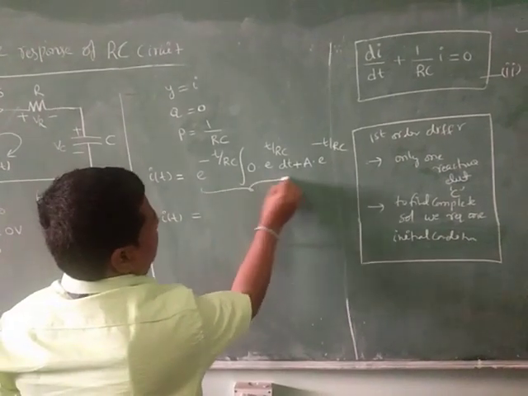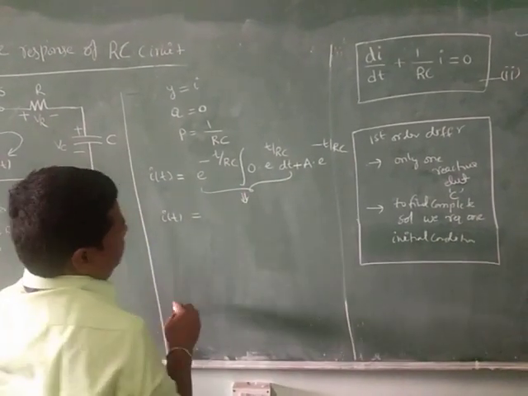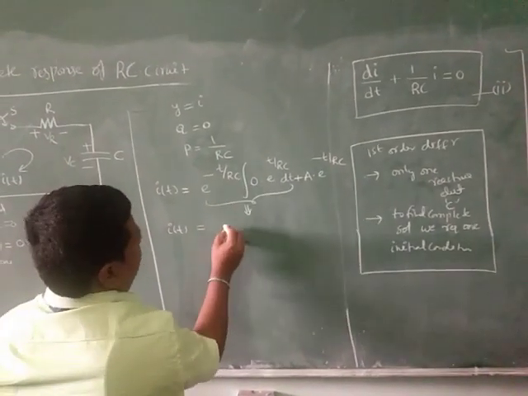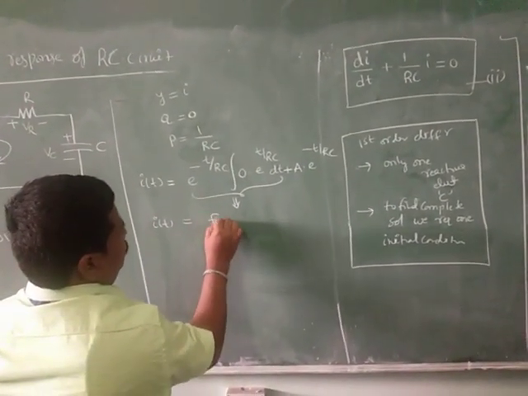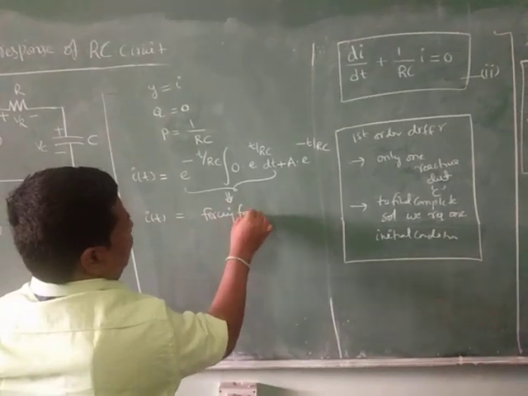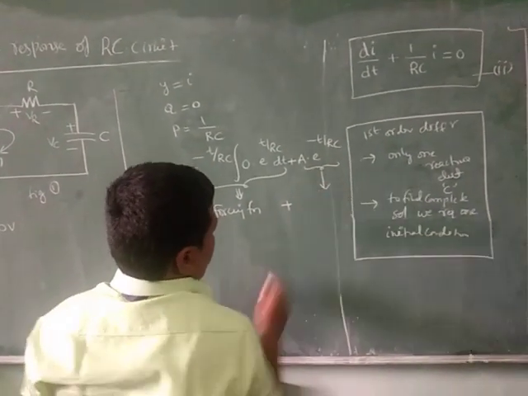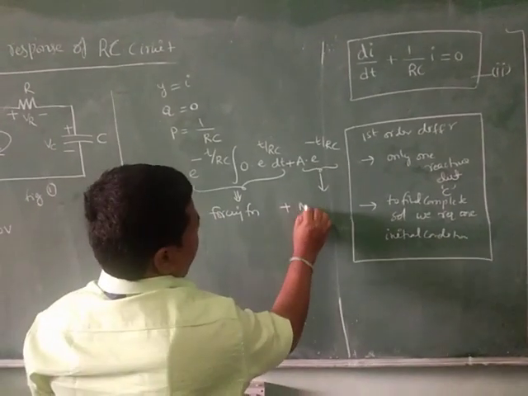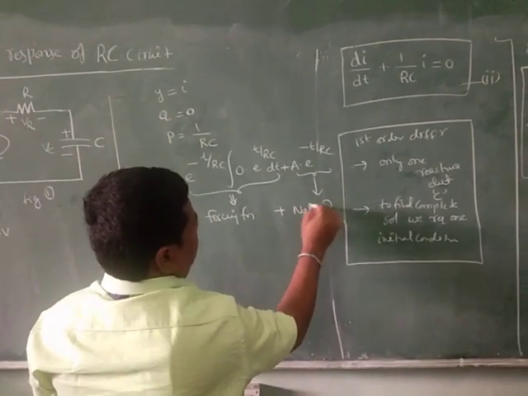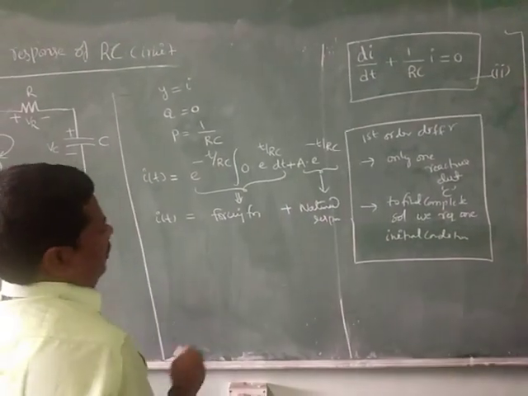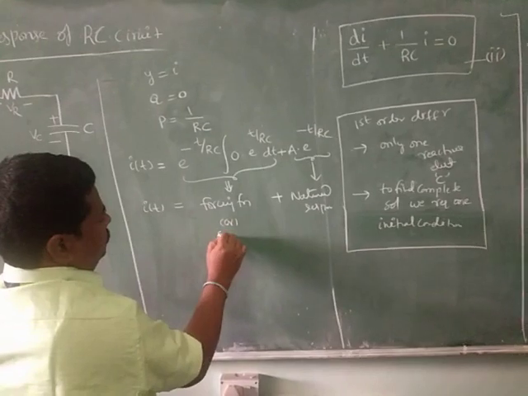This is the first part, which is due to the forcing function, because of q. The second part is the response due to the natural response, or the steady state response.